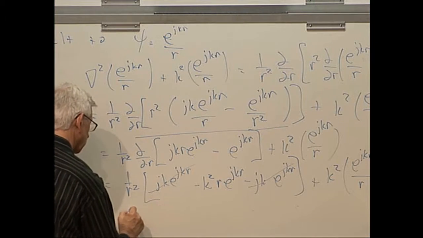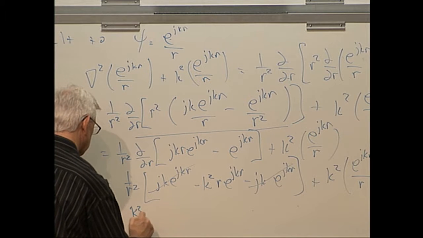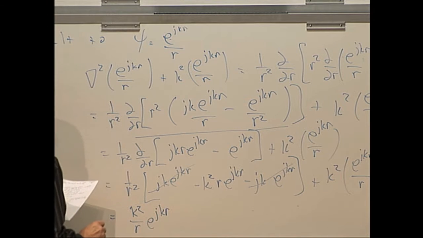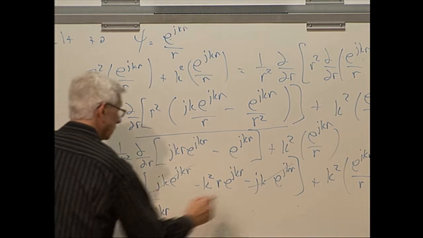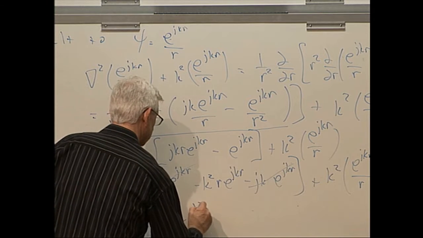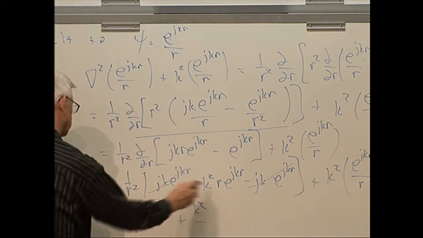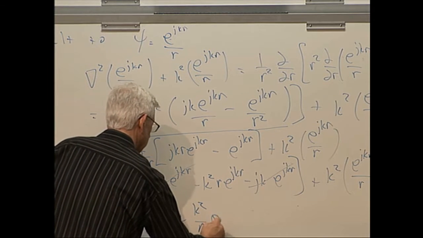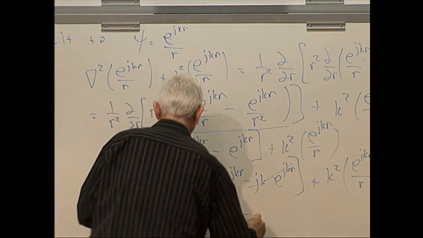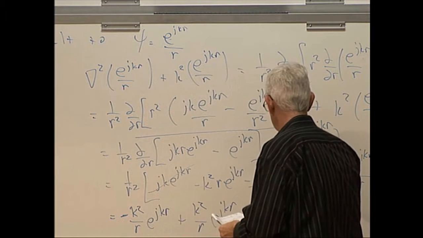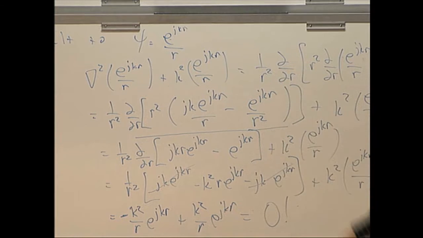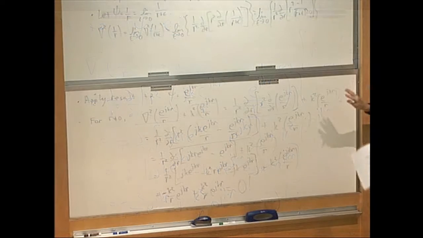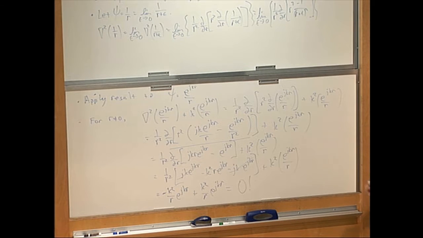So we have minus k squared over r e to the jkr. And then we have plus k squared over r e to the jkr is equal to 0. You know, it's like one of those cartoons you see, the mathematics with the four boards of mathematics that equal 0. Isn't that fantastic?